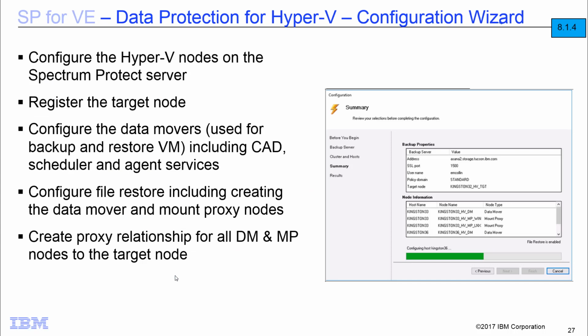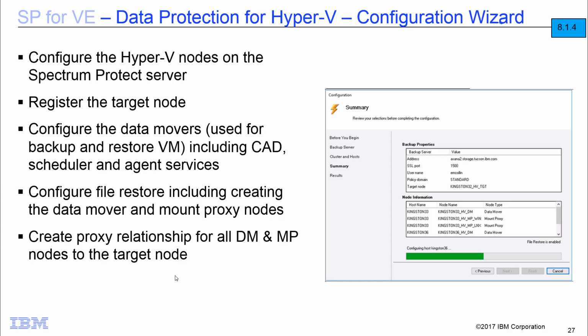We also have added a configuration wizard that allows you to configure the Hyper-V nodes on the Spectrum Protect server. As you can see here in the picture, it is delivered in the form of an MMC wizard. It allows you to register the target nodes on the Spectrum Protect server, configure the various data movers that are necessary for backing up Hyper-V, including the client acceptor daemon, schedule, and agent services.